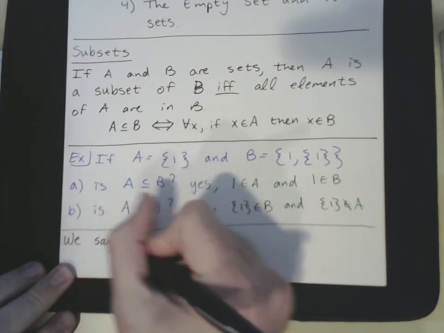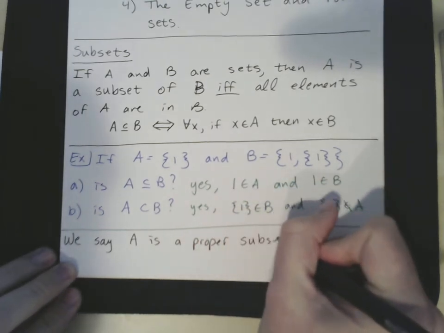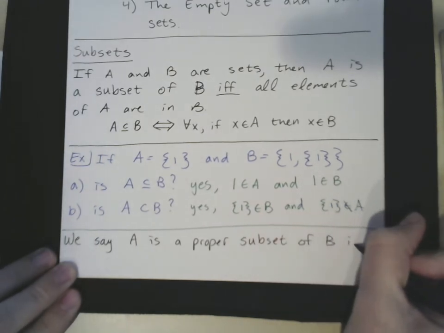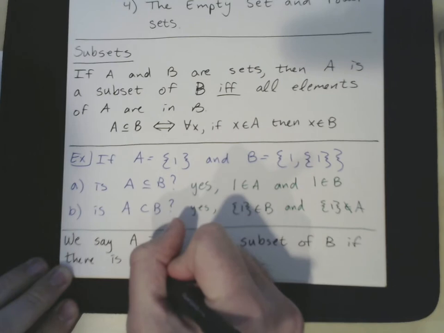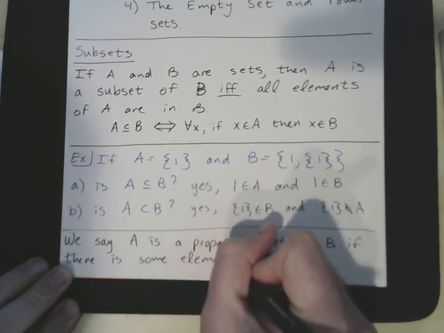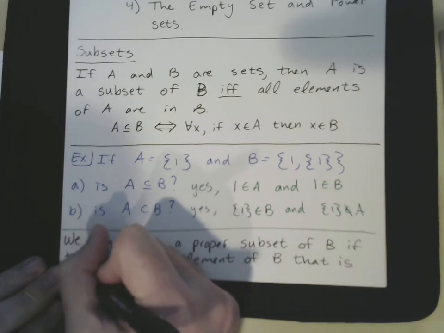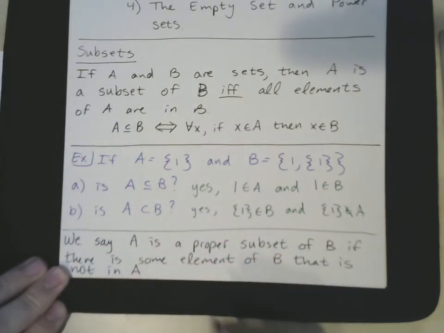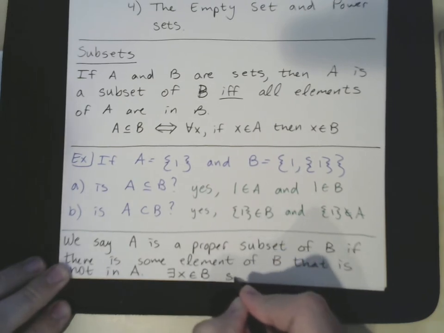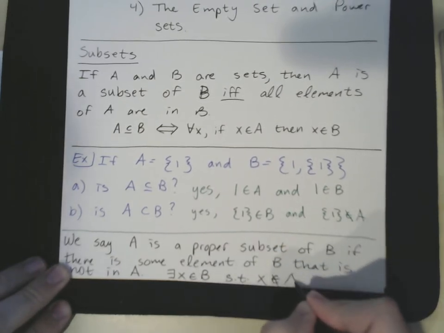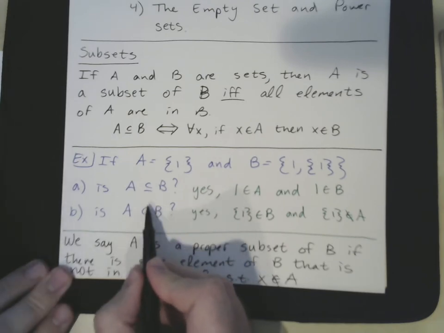We say A is a proper subset of B if there is some element of B that is not in A. So in other words, there exists an x in B such that x is not in A. That's what a proper subset is. And we use the symbol, the little C thing here without the equals.